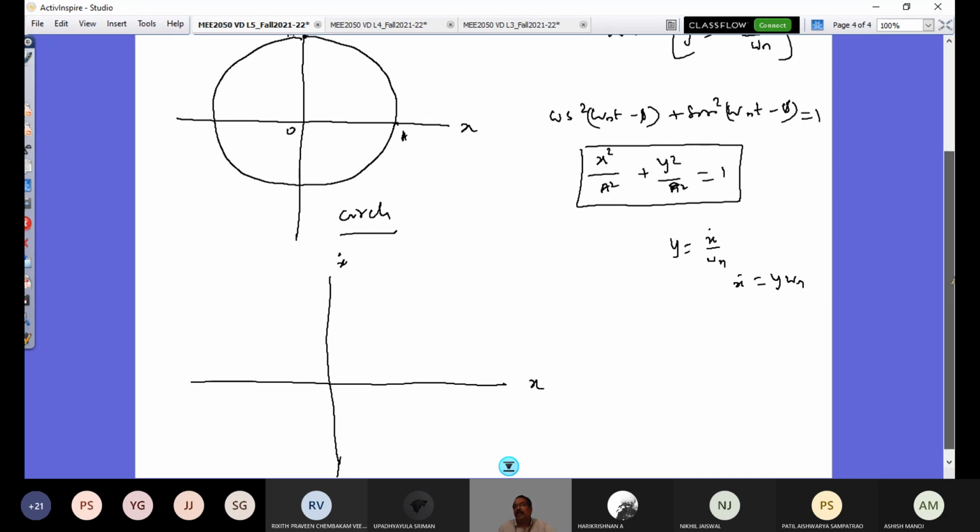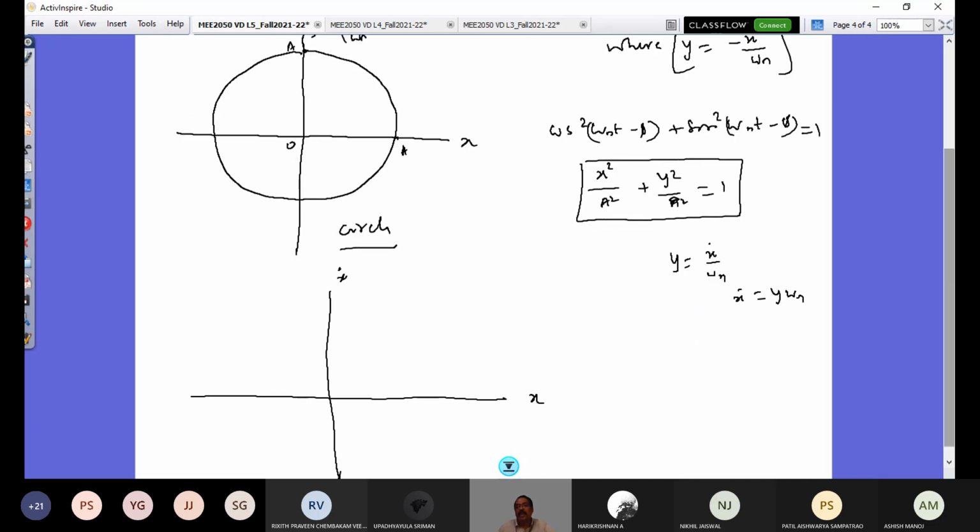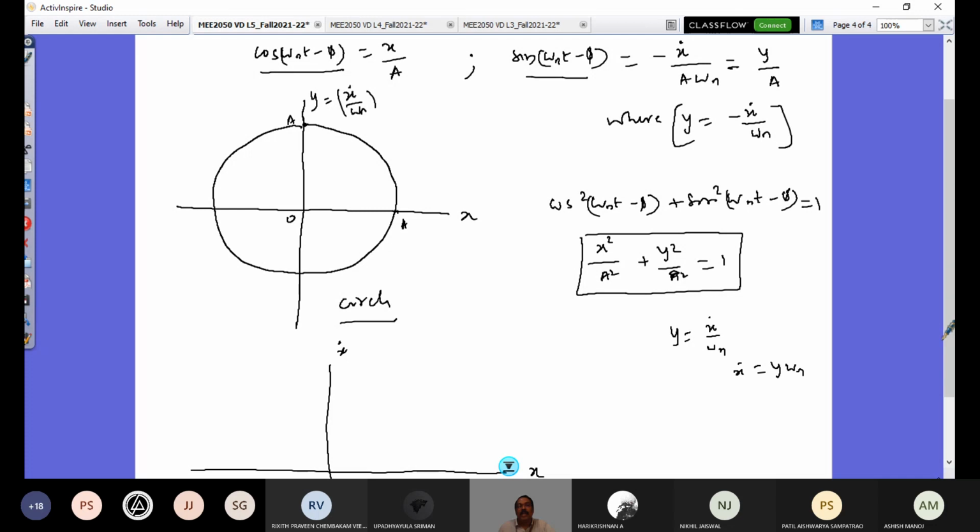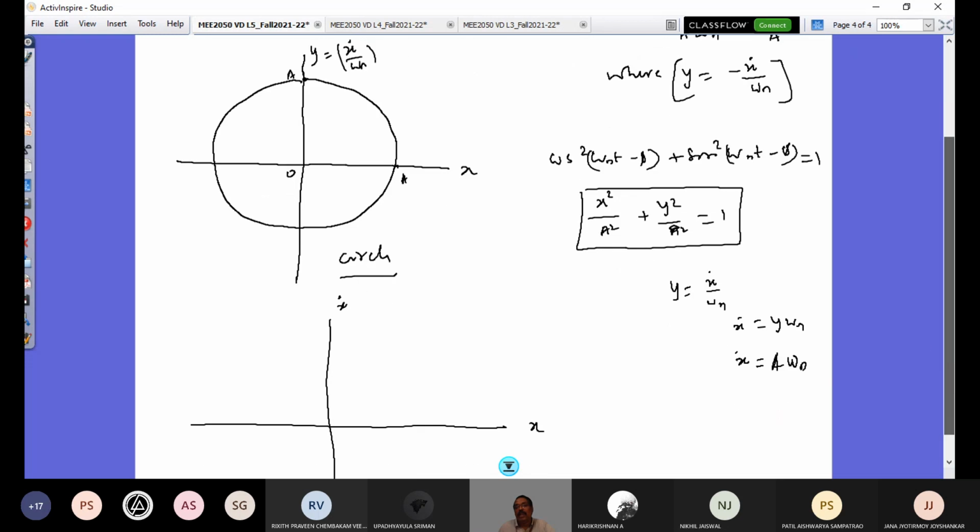By the way, it is x dot by omega n. That's correct. So at this particular time, x dot is y omega n, or in general it has its amplitude a times omega n. So this amplitude a times omega n is its velocity.